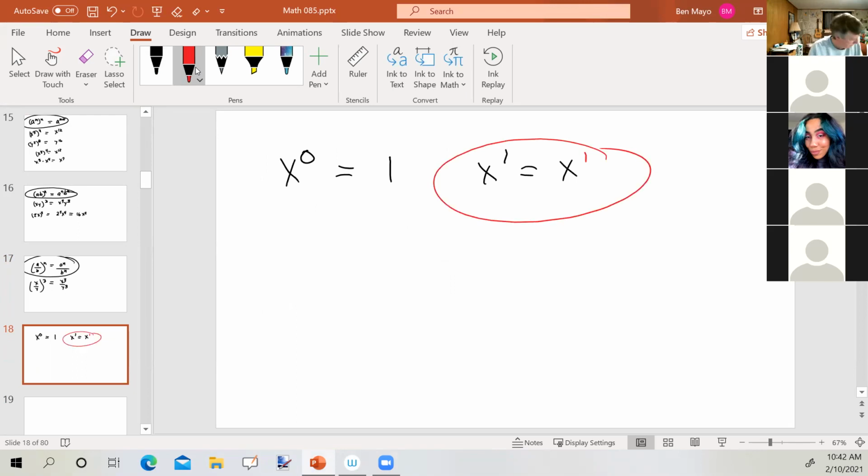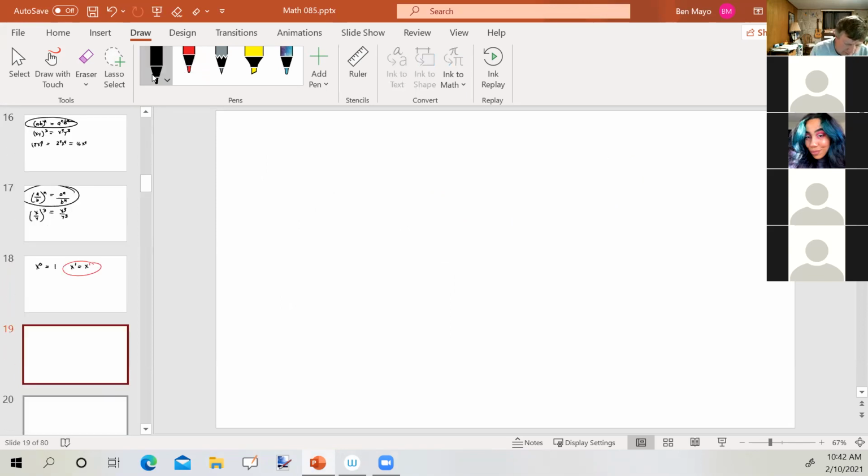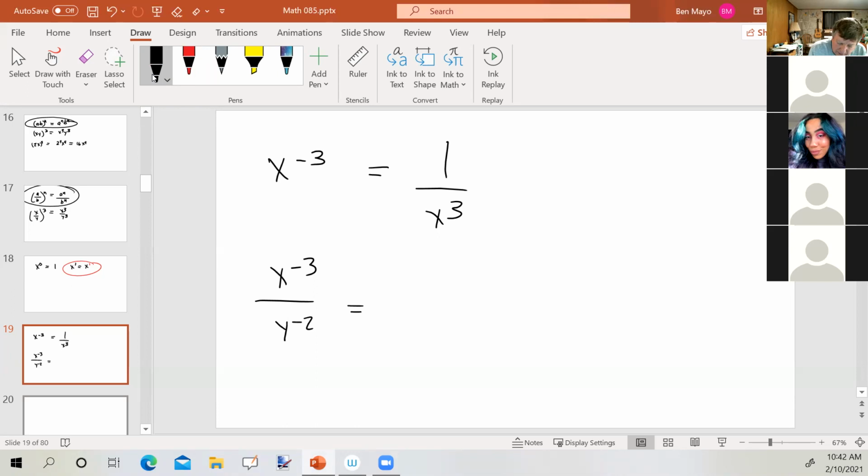Okay. Now, if you've got a power raised to a negative exponent, that's 1 over the power raised to a positive exponent. If you've got a power like this, let's say, the x to the negative 3 power goes down below and becomes x to the positive 3 power.